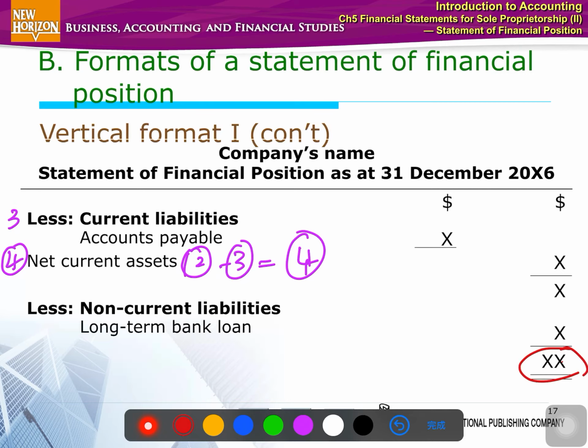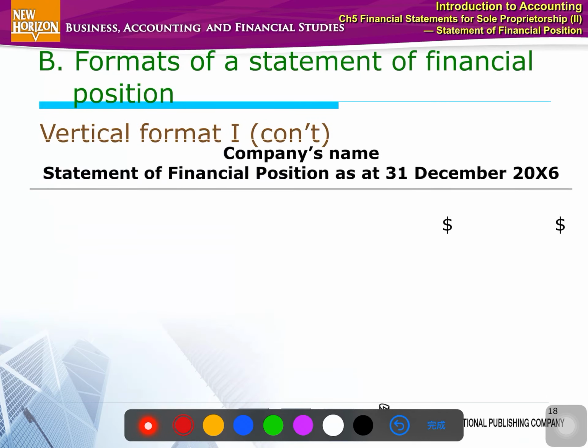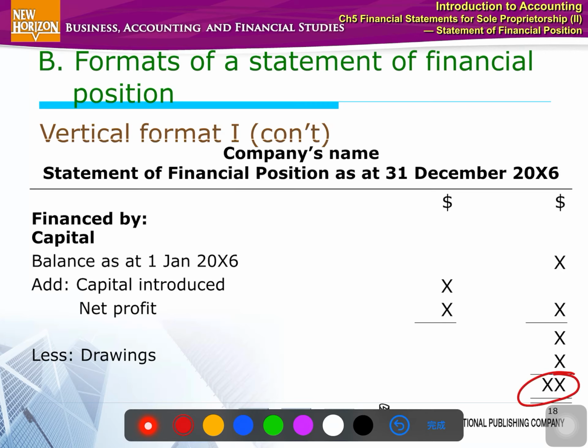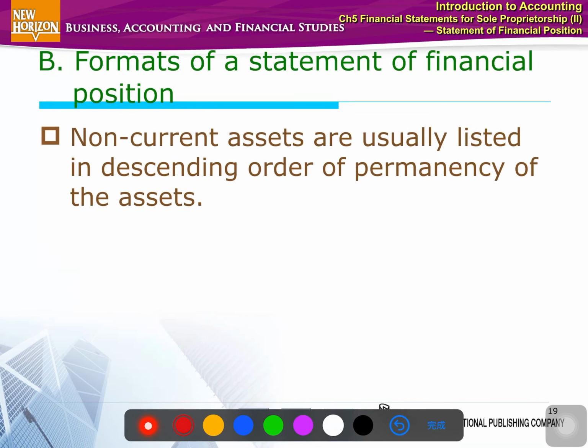So the balance of assets minus liabilities will equal capital. How to find the capital: the opening balance, add capital introduced or net profit, less drawings, equals the closing balance of capital.